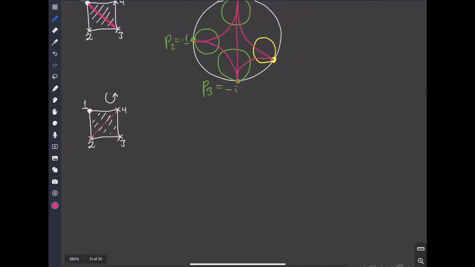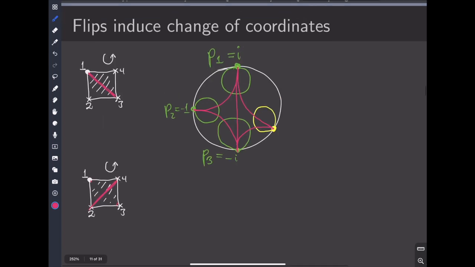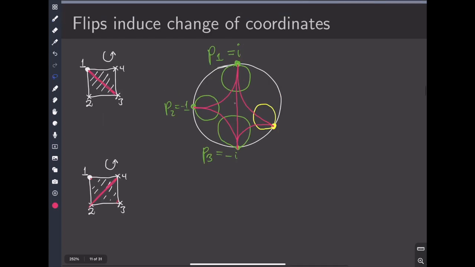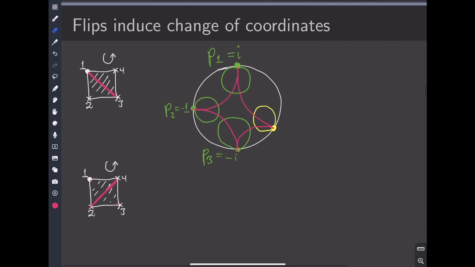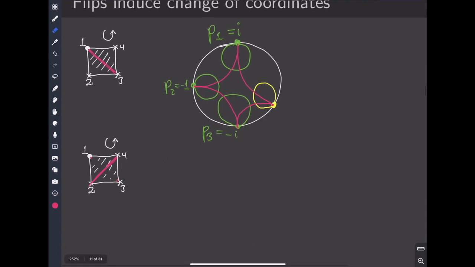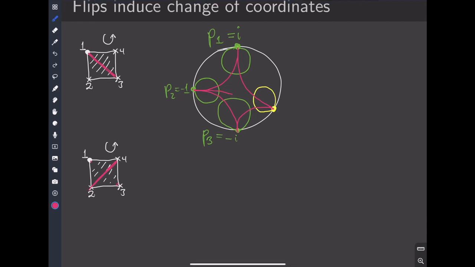Take the other one. Then, given any point in the decorated Teichmüller space, the other triangulation induces again a triangulation by geodesics.